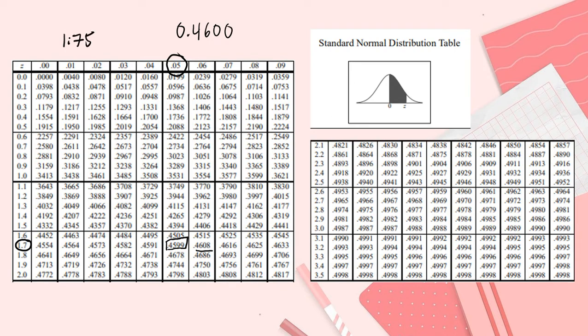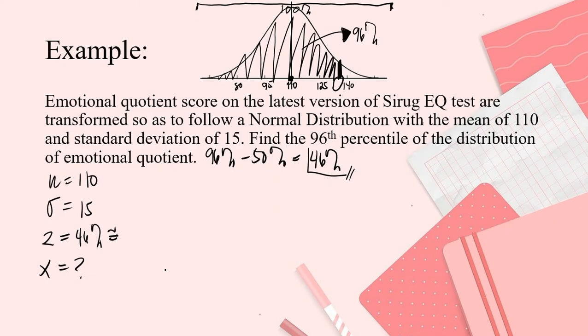So that is 1.75. Again, si 46%. Ang equivalent niya po na nakita nyo doon sa ating table ay 4599 at ang equivalent ni 4599 ay 1.75. So, meaning, this will be the value of your Z.